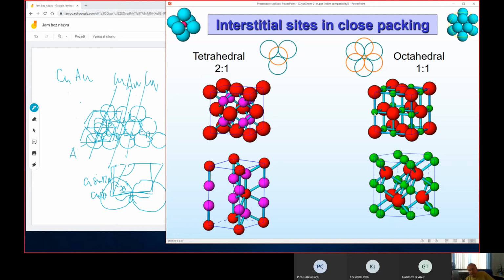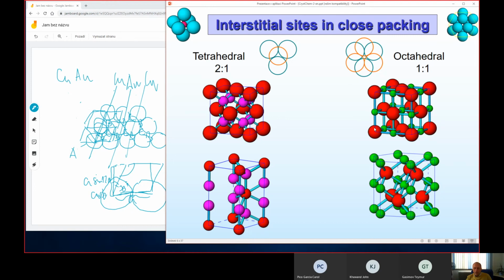And in fact, the ratio between the octahedral sites and the number of atoms in the close-packed array in the unit cell is 1-to-1, because each edge contributes 1/4, since this edge is shared by 4 neighboring unit cells, and we have 12 edges.